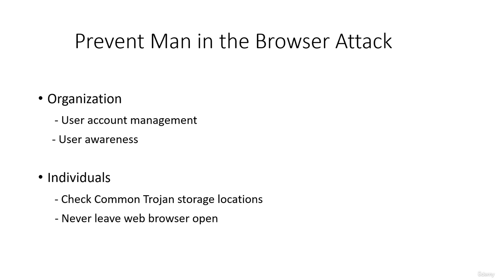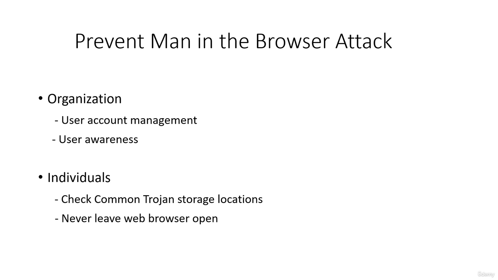Here's a short list of what organizations and individuals can do to mitigate the attack. For organizations, user control and awareness: to minimize the opportunities for man in the browser attacks, organizations should implement strict user account permissions to prevent privilege escalation. This will limit the damage if a man in the browser attack is successful.